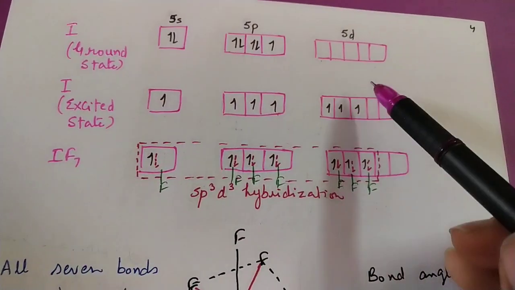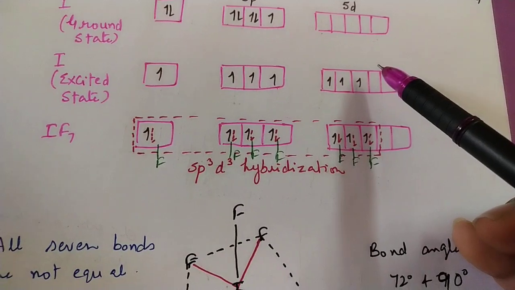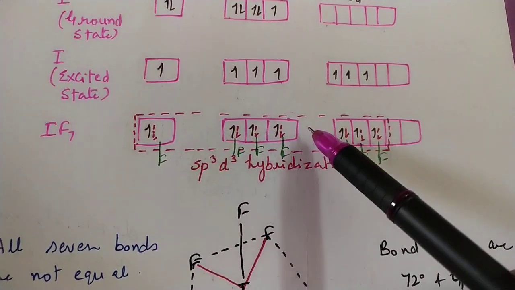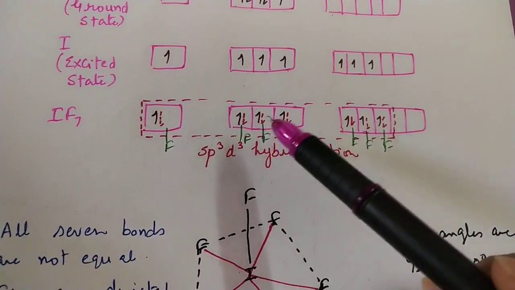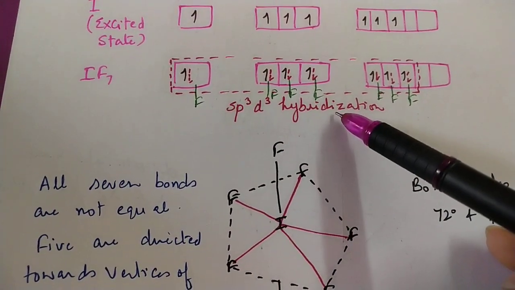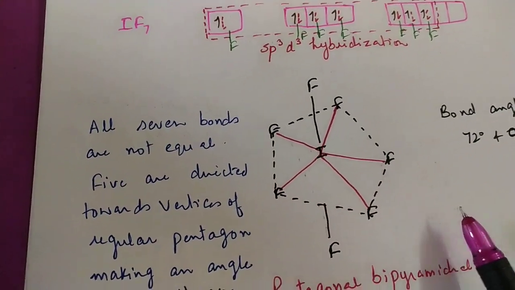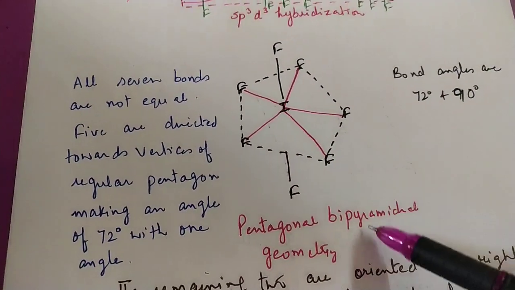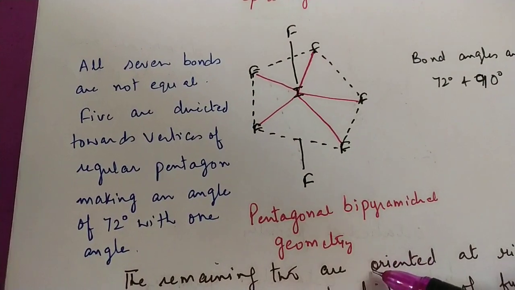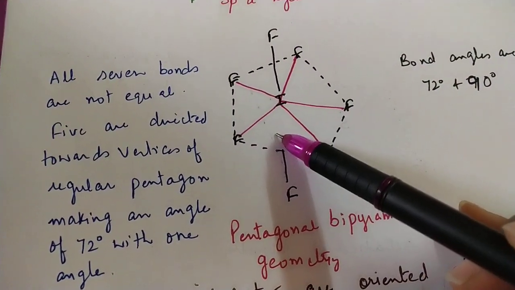Now these hybridize to form sp3d3 hybrid orbitals, and each of these hybrid orbitals then overlaps with the half-filled 2p orbital of each fluorine atom to form the IF7 molecule. The resulting geometry is pentagonal bipyramidal. Here again, all the 7 bonds are not equal.